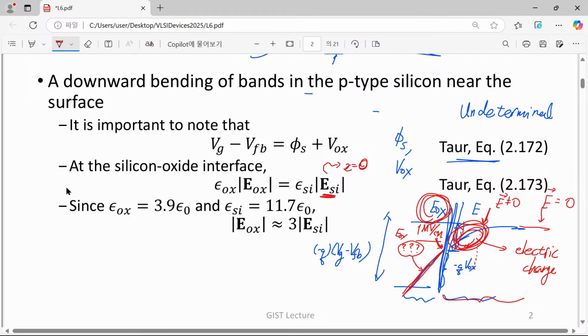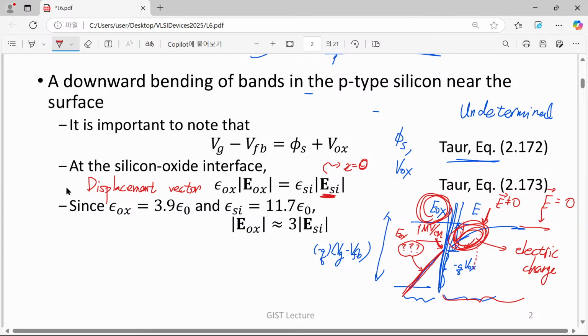At a certain point, the interface point, we have to have continuity of what? Continuity of displacement vector. So actually it's a normal component, so that is given as this equation.